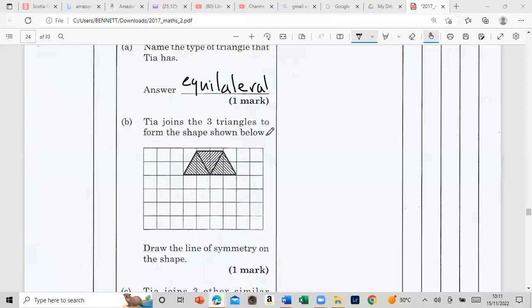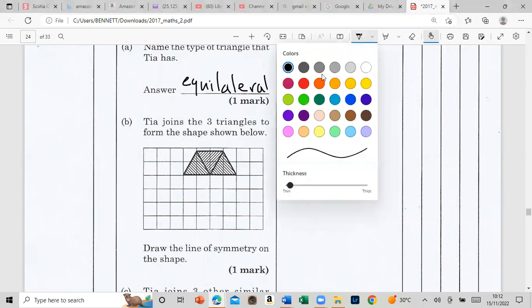Alright, so there's a B part to it. It says Tia joins the 3 triangles to form the shape below. Draw the line of symmetry on the shape. Line of symmetry means when you fold them together, they match exactly. So let us change the color so we can identify the line of symmetry.